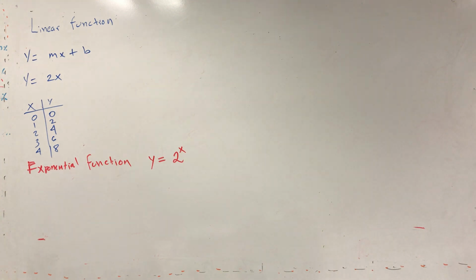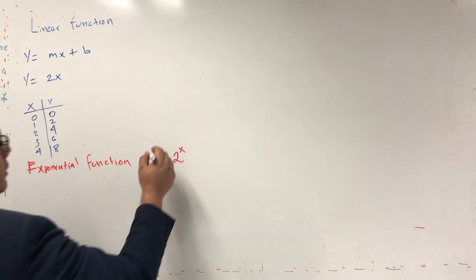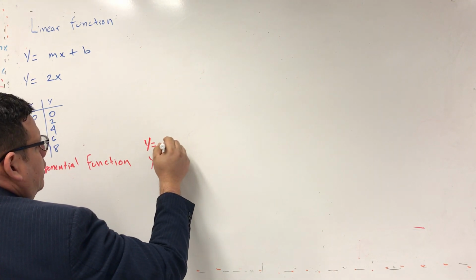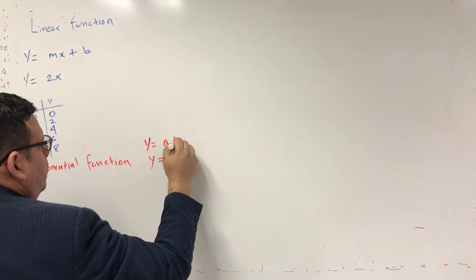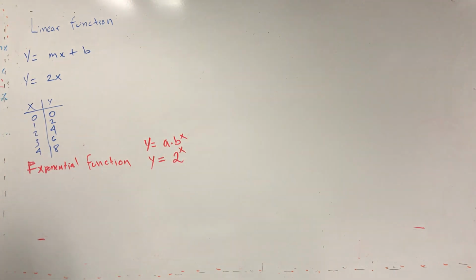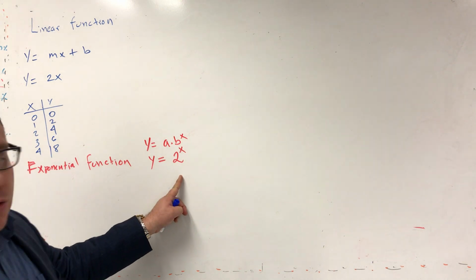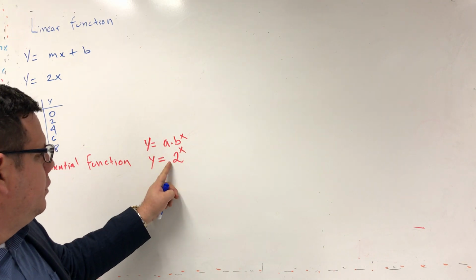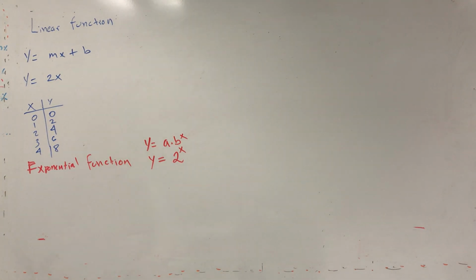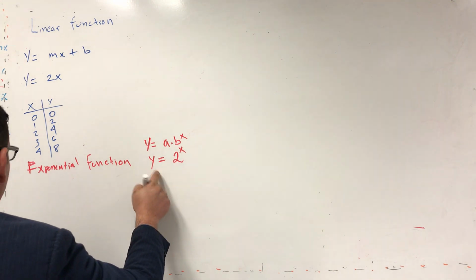The form for this is y equals a times b raised to the x. As you can see, the value for b is 2 and the value for a is just 1. 1 times 2 is 2. So let's work a little bit with this one.